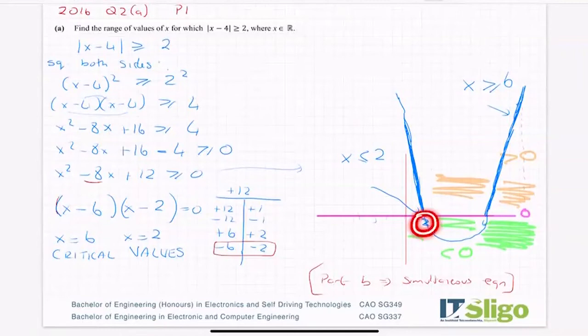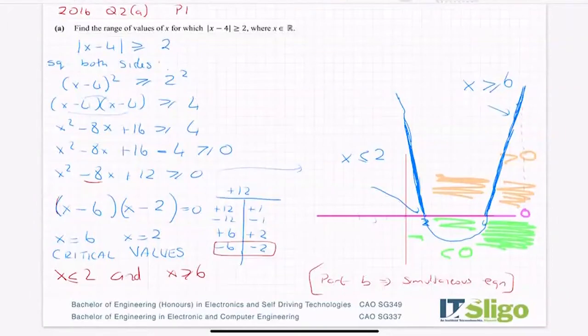That's why 2 and 6 are your critical values, because they dictate the gates of your answer. So your answer to this one is when x is less than or equal to 2 and when x is greater than or equal to 6. You can write that as all one inequality if you wish, or you can write it like that. So that's the answer to that one.